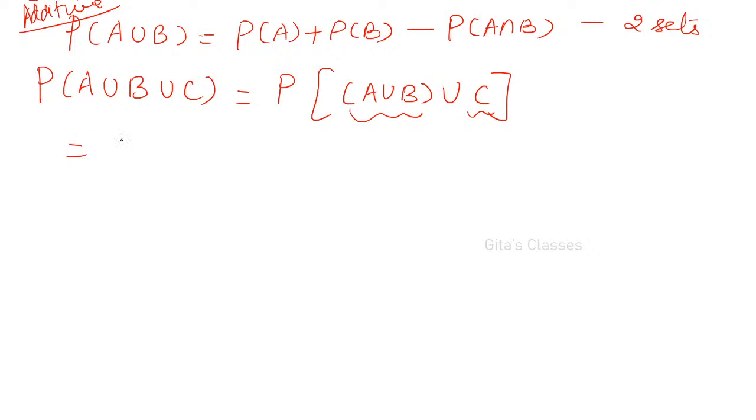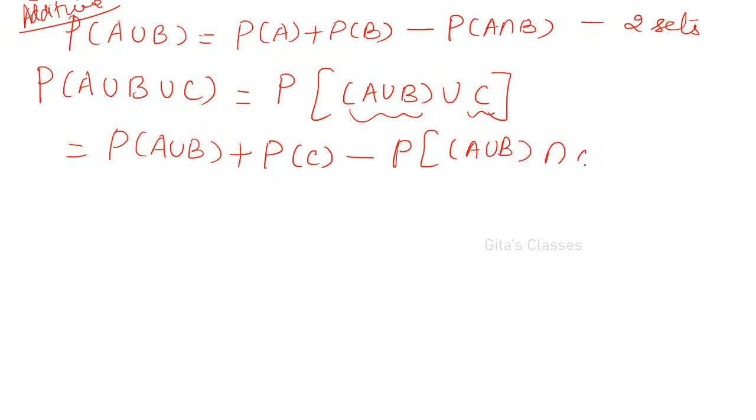Therefore, by using the theorem for two sets, P of A union B plus P of C minus P of A union B intersection C. In the place of A we have A union B, in the place of B we have C. Right? So A union B intersection C.